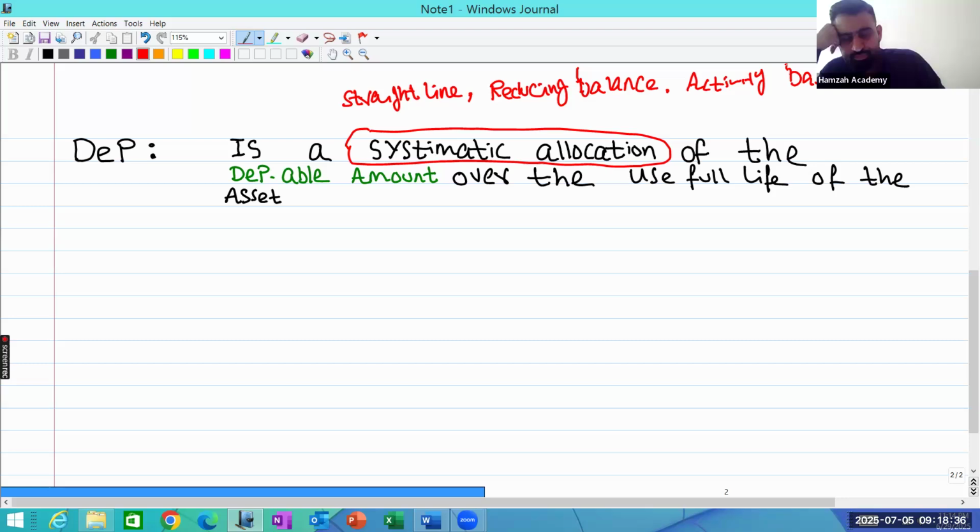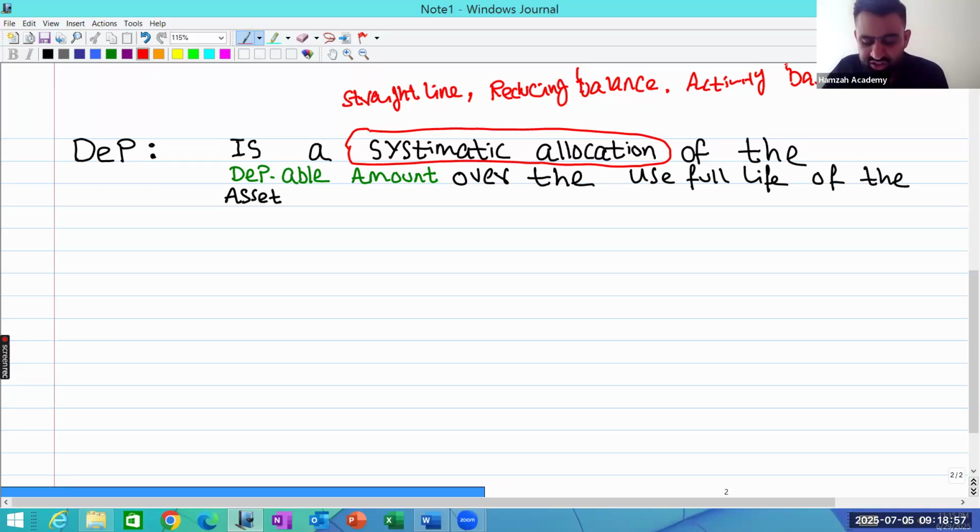For example, if you have a non-current asset which provides you economic benefit over the years and those benefits are the same in each year, the depreciation method which we can use here will be the straight line depreciation method.